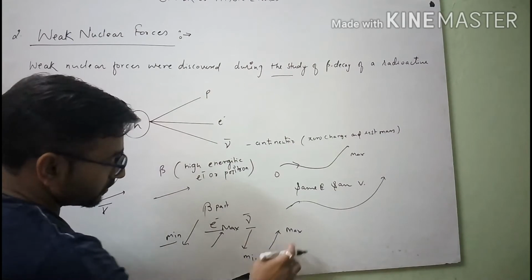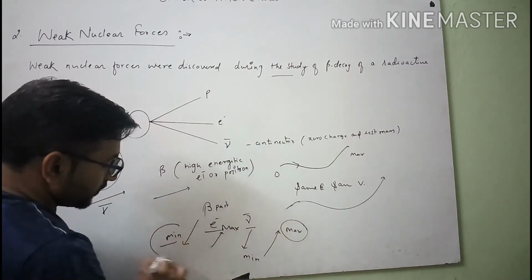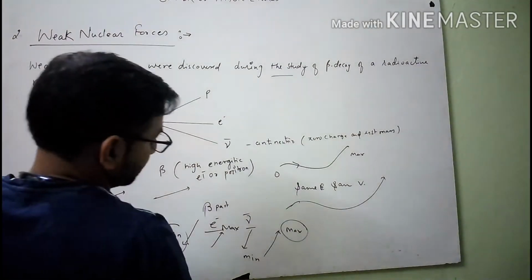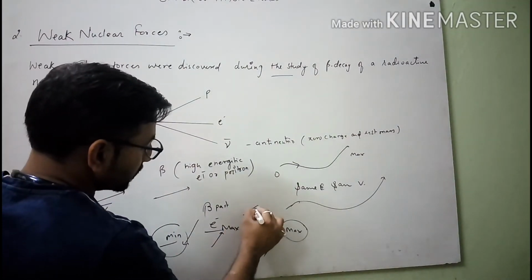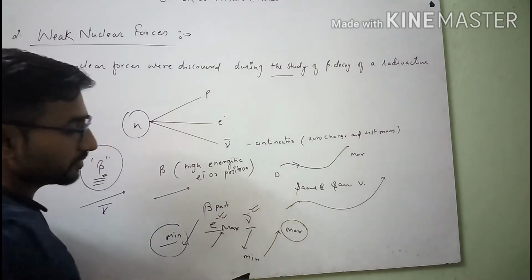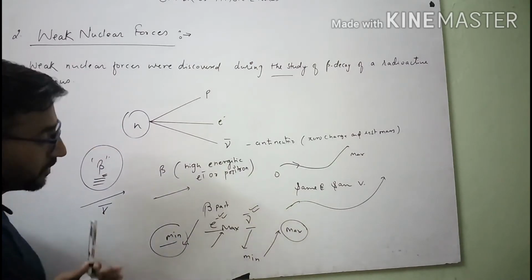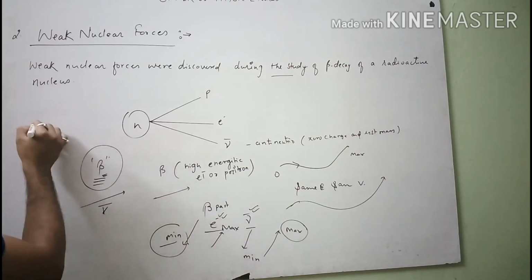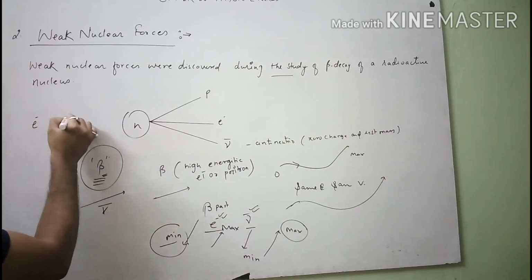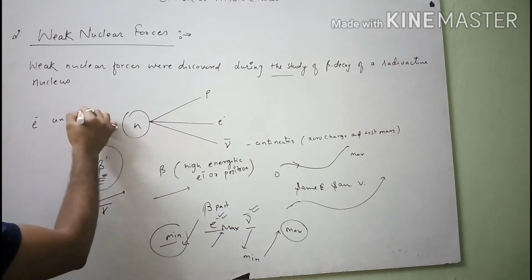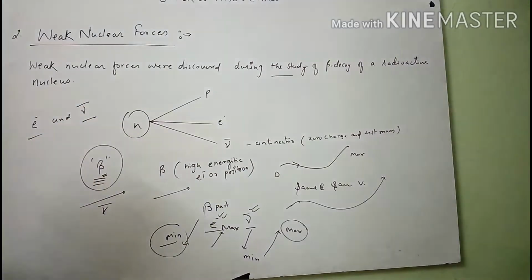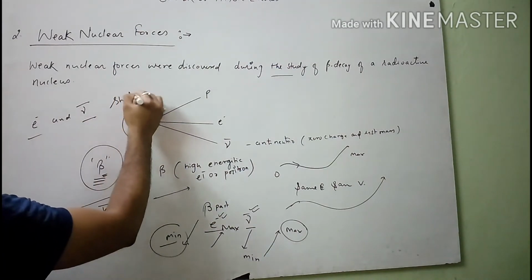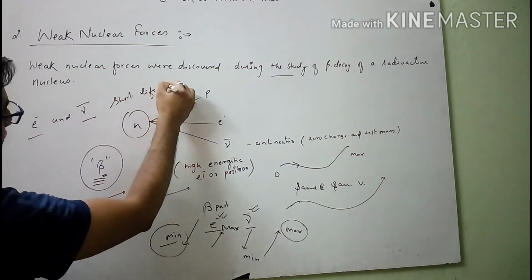Clear, student? So during this type of formation, a type of force acts between them, and this force is called the weak nuclear force. Hence we can say that the weak nuclear forces act between electrons and antineutrinos. They both are short lifetime elementary particles.